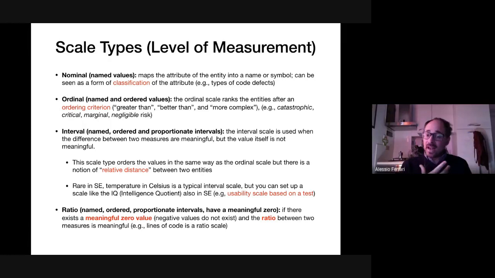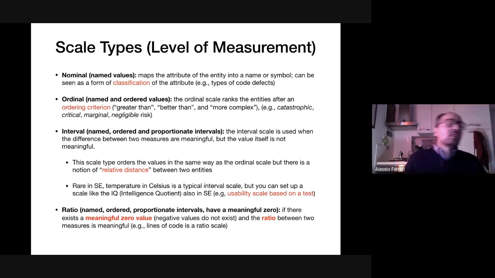In software engineering, they are rare, but they can also be introduced in an experiment to evaluate some specific attributes. For example, if I want to evaluate the usability of a certain software tool, I can create a test that allows me to establish some score of the usability, and this score will be numerical, and will probably not have a meaningful 0 level of usability.